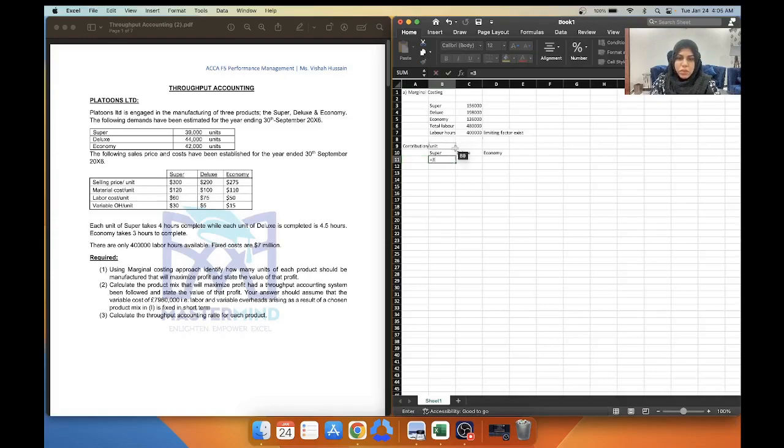Selling price was 300 for Super minus all the variable costs. So material, labor and variable cost. Because right now we are doing marginal costing, we're not doing throughput accounting.